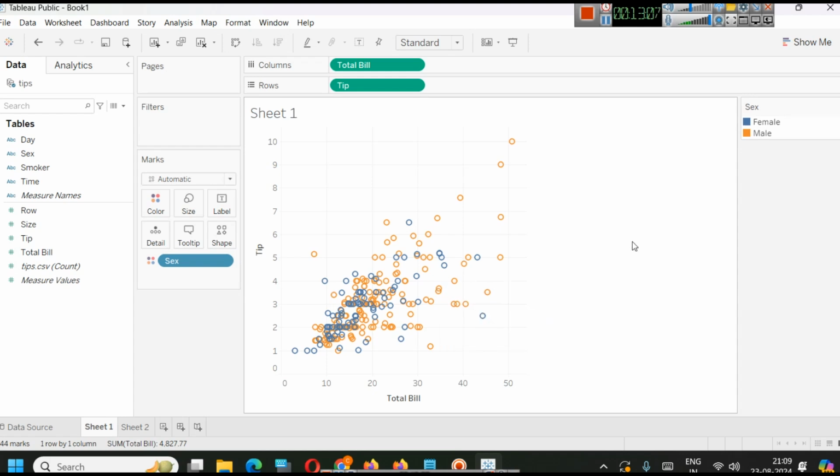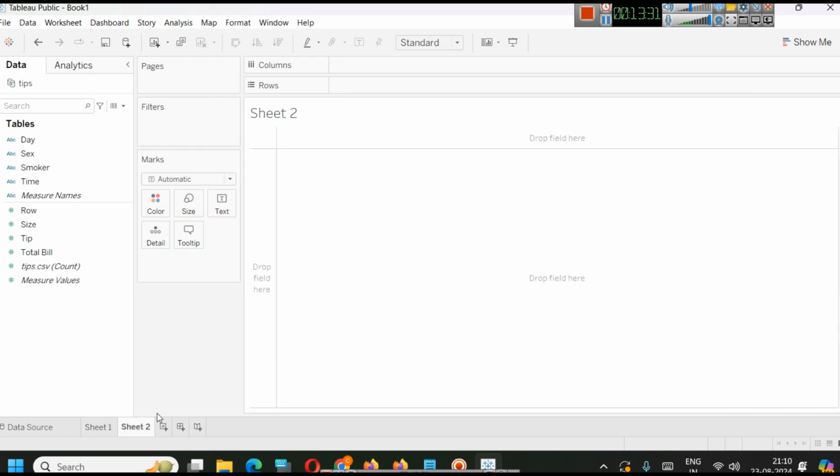You can see that all the tips and bills of higher amount, higher than the average, are paid by males, and the tips in this region are mostly from females. We can also see what the ratio of male versus female is.